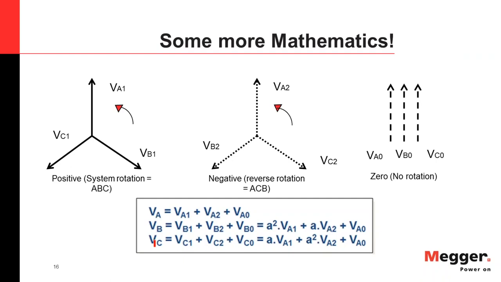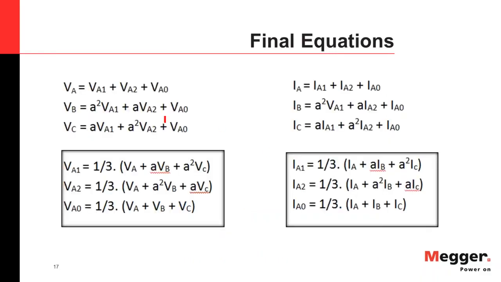In that solution I will be getting all the sequence component values, and from that I can get any value I want. So these are the final equations that come out when you do the inverse of the matrix. This is for the voltage and this is for the current. So you have all these 3 variable equations at the very end in terms of the known variables.